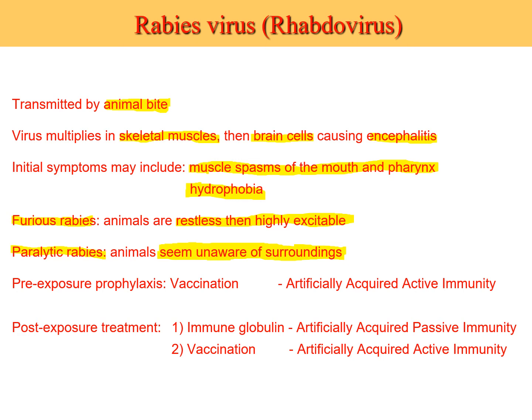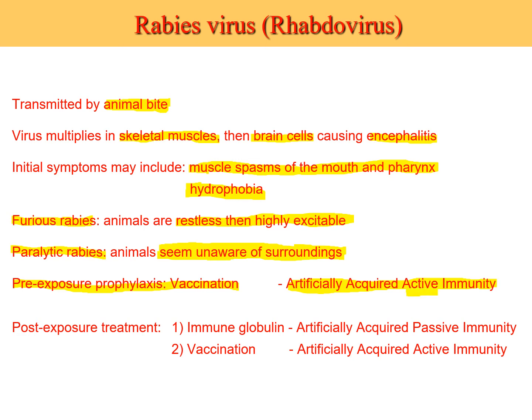Certainly people who work with rescue of wild animals or trapping do get vaccinated, pre-exposure vaccination, prophylaxis. This, of course, is artificially acquired active immunity. They are being injected with, vaccinated with the killed virus, and their own immune system actively responds and develops antibody.